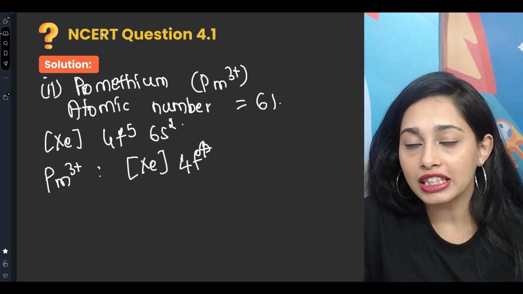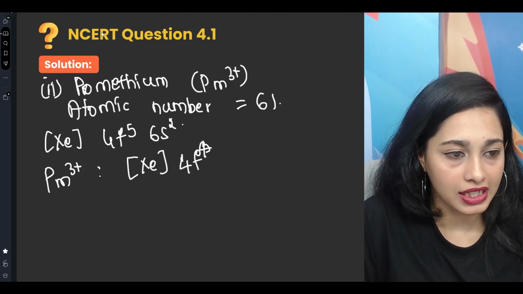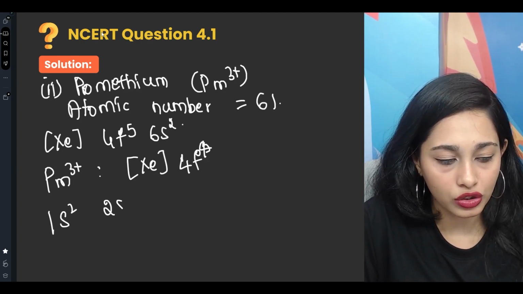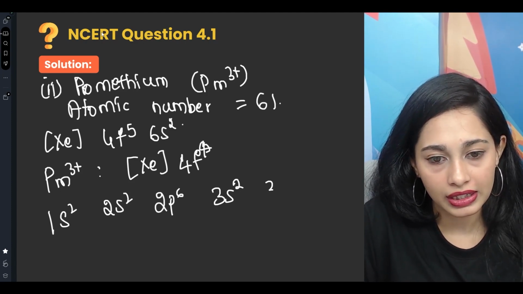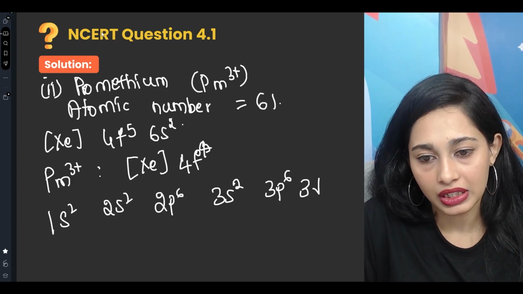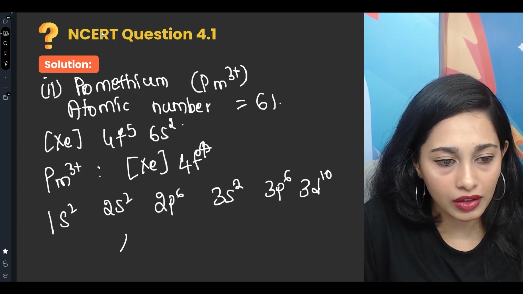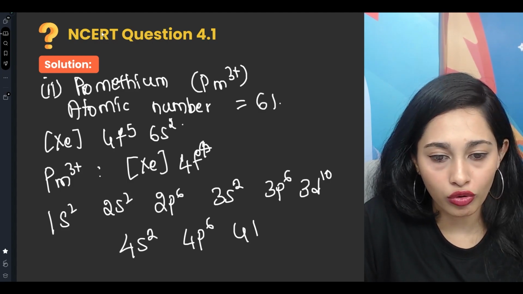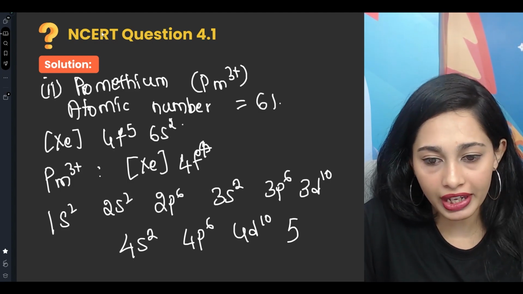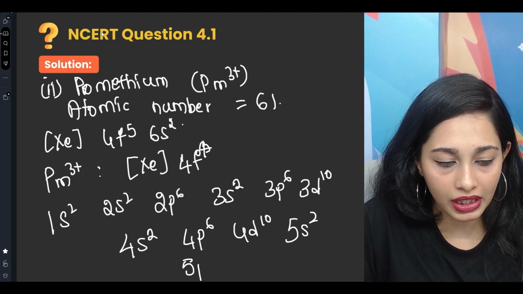So let me write the configuration of xenon: 1s2 2s2 2p6 3s2 3p6 3d10, then we have 4s2, and then 4p6 4d10, 5s2 5p6.